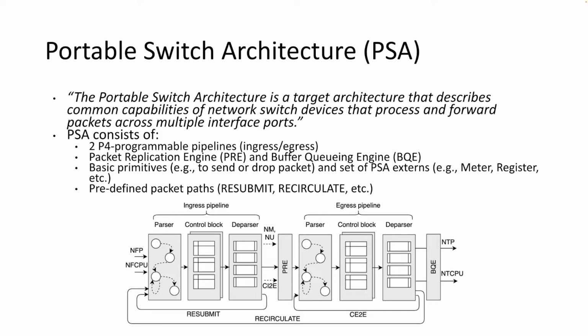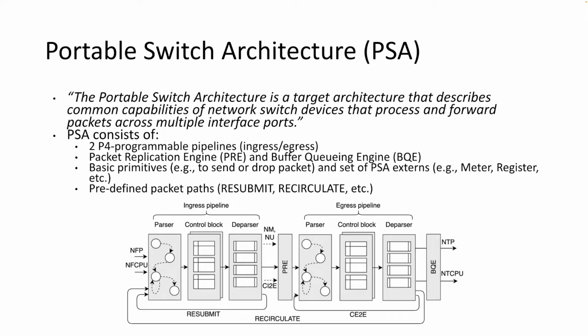Before we go to the design and implementation of PSA eBPF, let me shortly introduce the Portable Switch Architecture that we implement for eBPF. As the specification says, the Portable Switch Architecture is a target architecture that describes common capabilities of network switch devices that can process and forward packets across multiple interface ports.